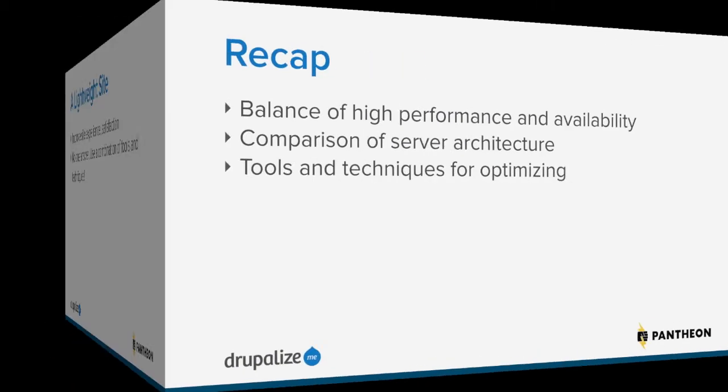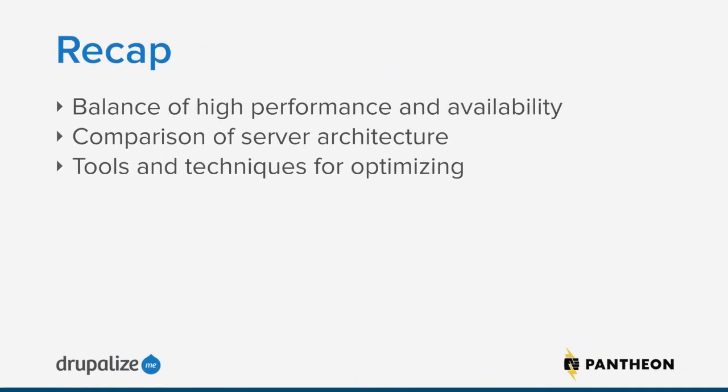So to review, Pantheon is working to balance high performance and high availability and making sure that you're getting the best bang for your buck. With the distributed server architecture and then the Pantheon Cloud version of that as well, we looked at what the differences are and what the advantages are.